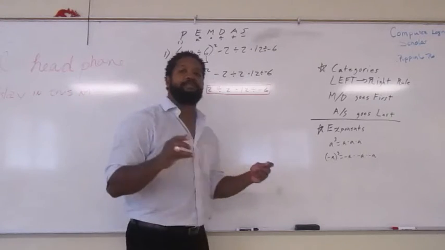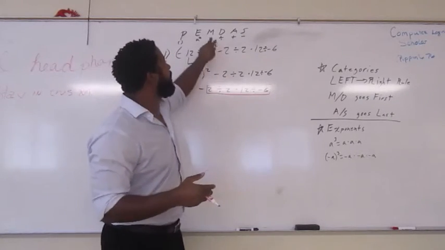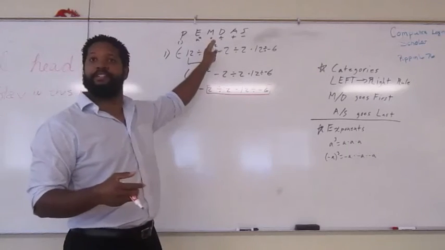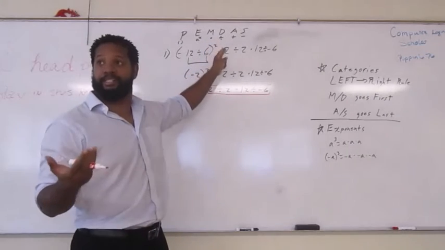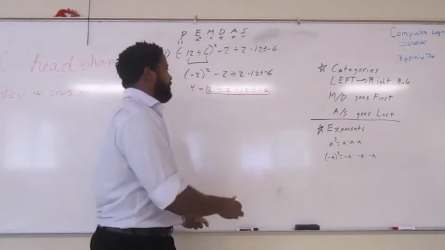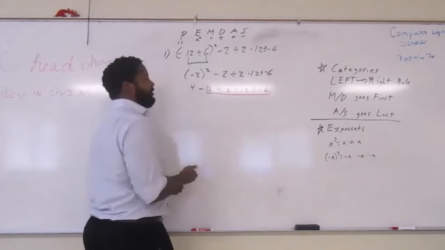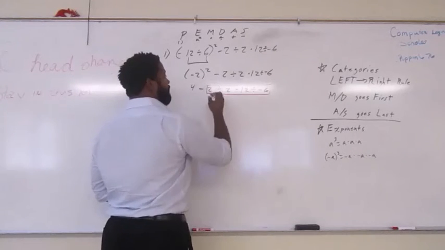And this is one of the reasons why your multiplication and division go first, because up here, multiplication and division come before addition and subtraction, right? Same rule applies right here, okay? So in this type of situation that we're in, we can do our left to right from right here.